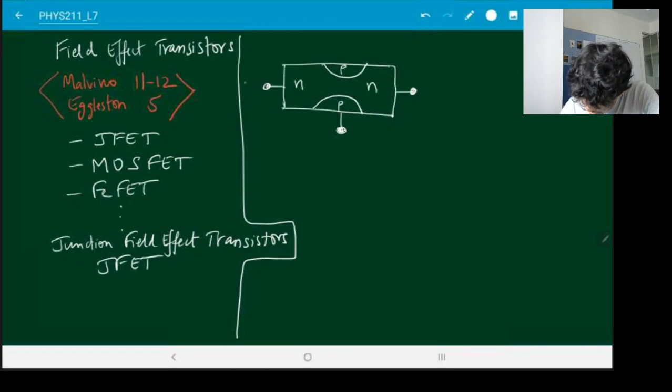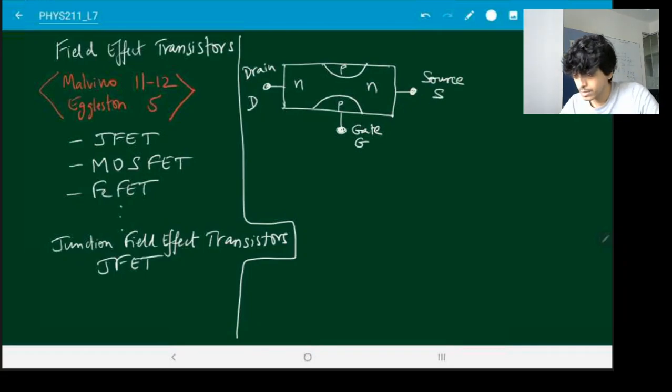Similarly, over here we have drain, gate, and source. Because the basic structure is N, this is called an N channel JFET.